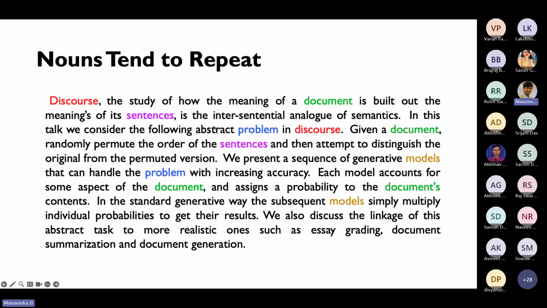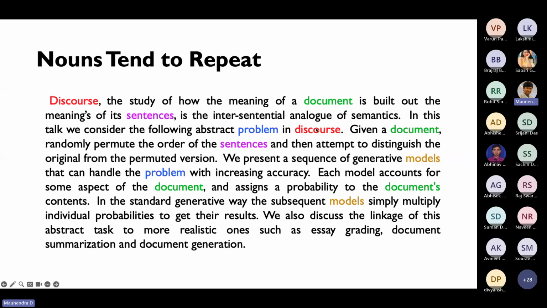In this talk, we consider the following abstract problem in discourse. So the first sentence had a mention of discourse, and the second sentence had a mention of discourse. However, in the first sentence, the discourse was the subject, and in the second one it's neither a subject nor an object. The subject is we, and the object is the abstract problem in discourse.